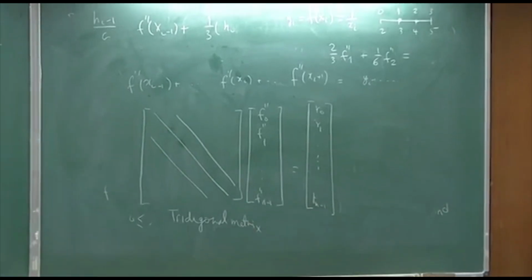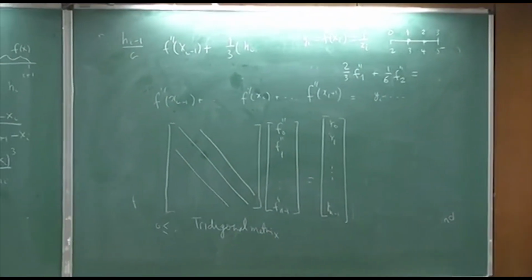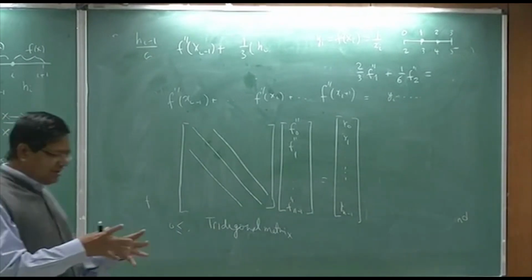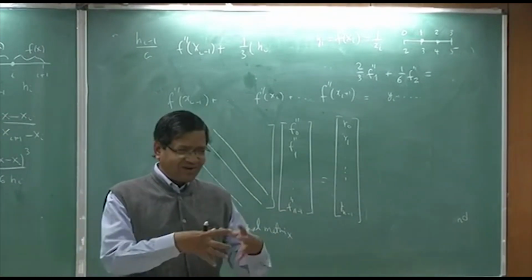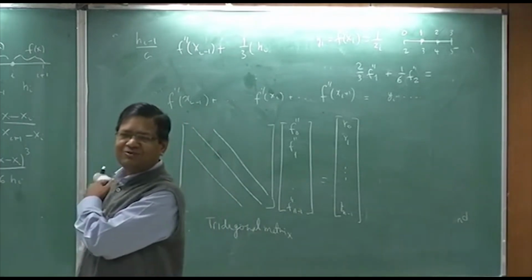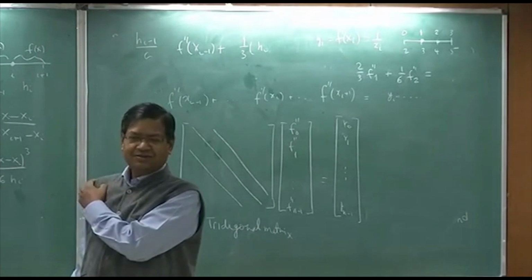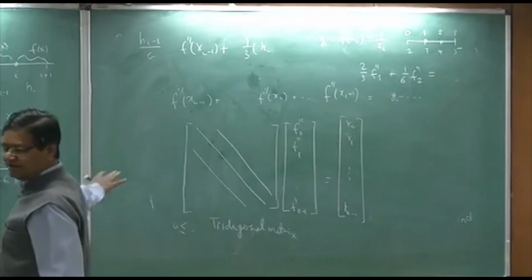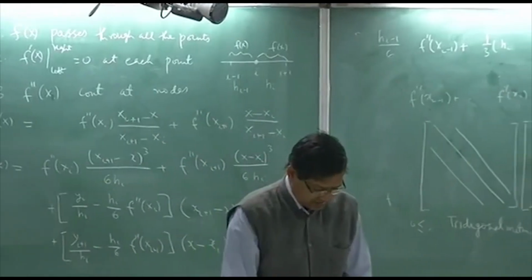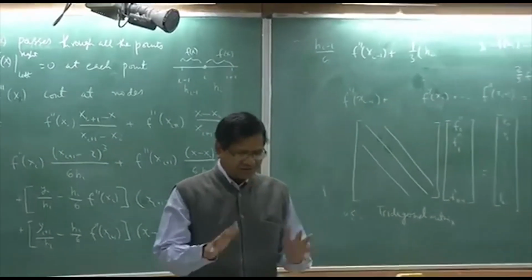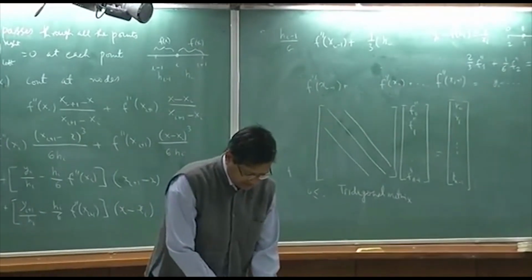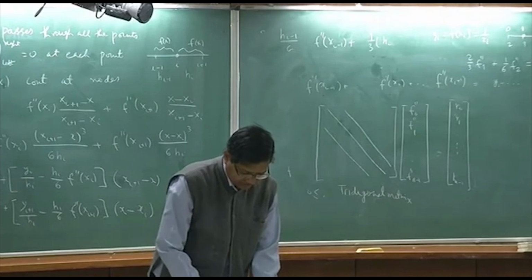Now this part, how to solve tridiagonal, I will do towards the later part of the course. So you will find that computational physics topics are all connected. To do the interpolation, I need to know how to solve matrices. Okay, so this part we will do later. Full matrix algebra will be done in the later part of the course.